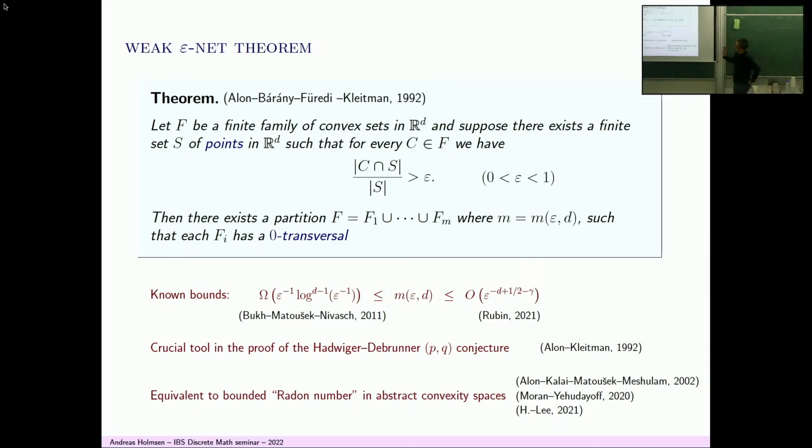Okay, so that is the weak epsilon theorem. And one of the main problems, some people even say one of the most important problems in discrete geometry, is to determine the growth rate of this function. The known bounds are here. They're not very good.